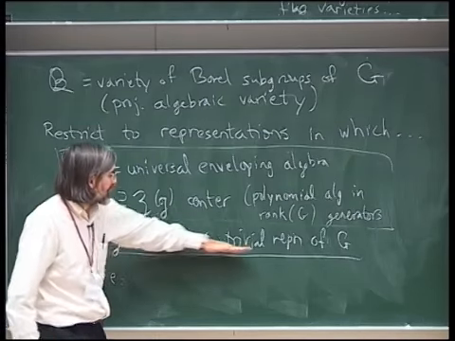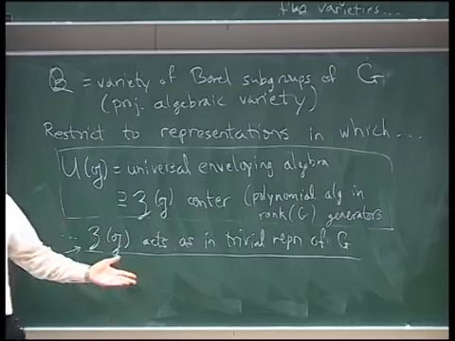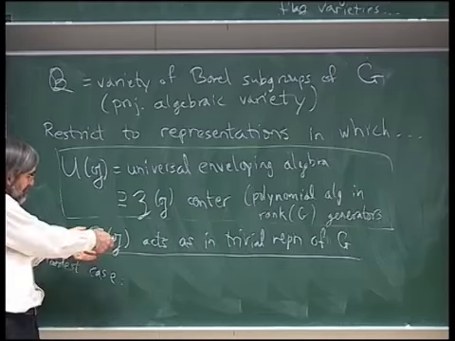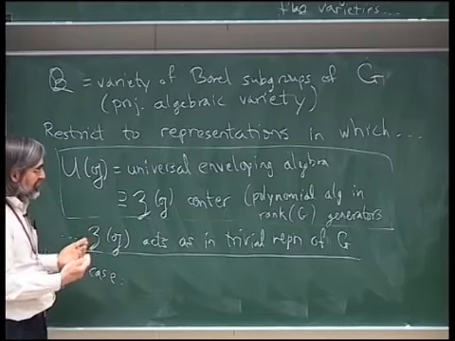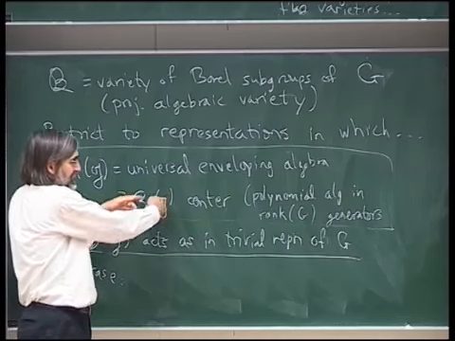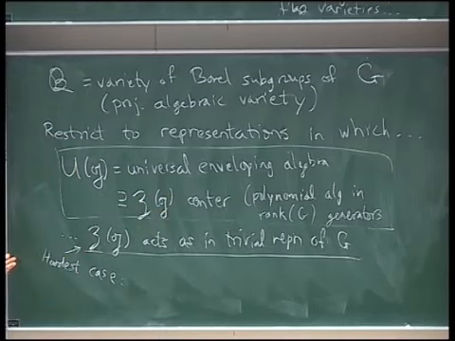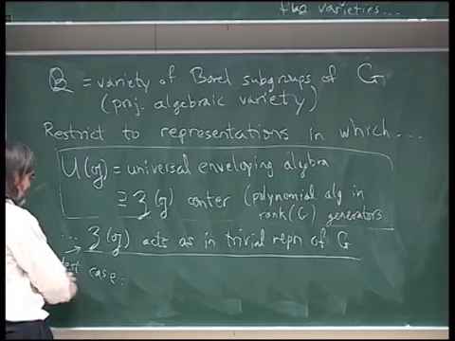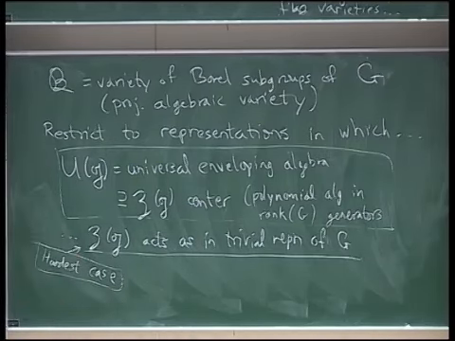This is one of the sets of scalars by which it's allowed to act. And what I'm saying is, if you study representations in which the center acts by some other kind of scalars, then it's easier than this case. So I'll just say this to simplify the exposition.